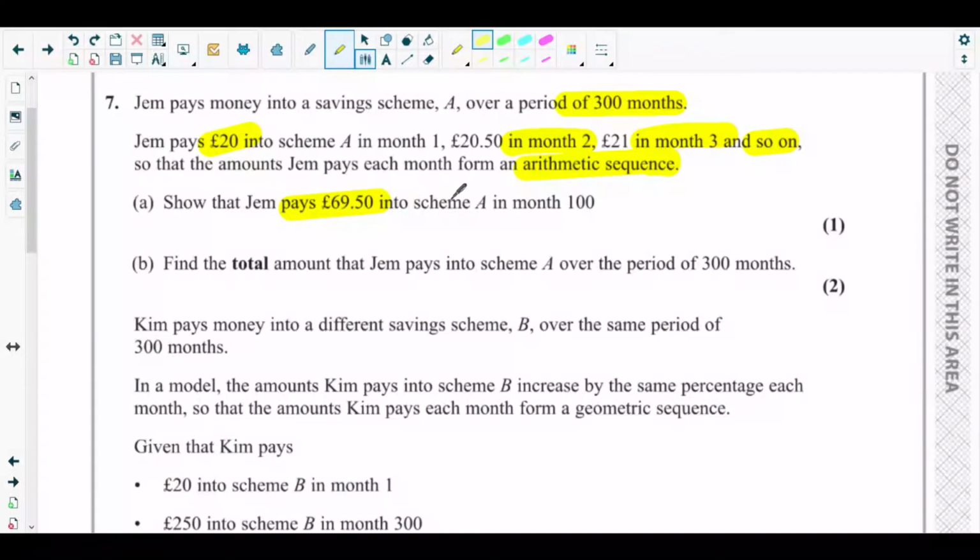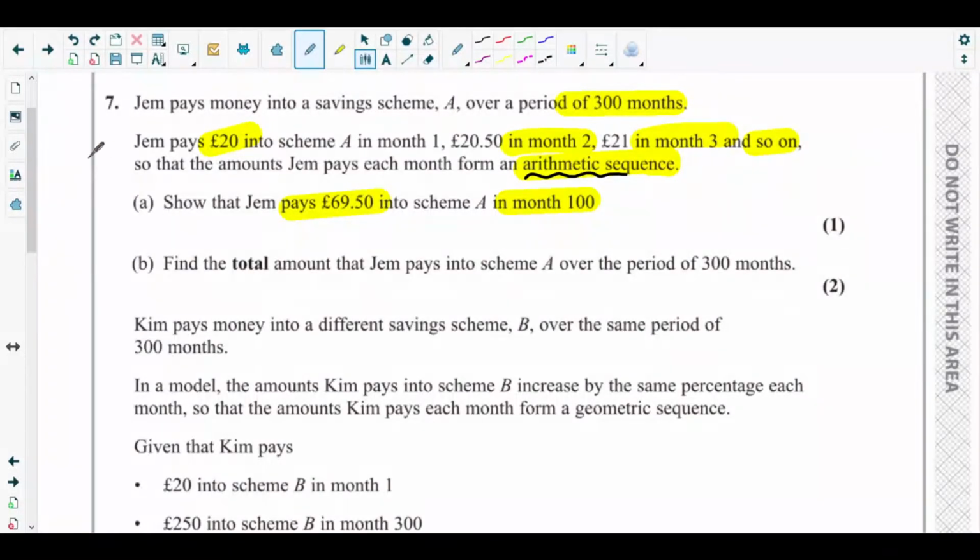Part A is asking to show that Jem pays 69.50 pounds into scheme A in month 100. So we need to find how much Jem pays in the 100th month. It is already given that it is an arithmetic sequence, so we will have a common difference.